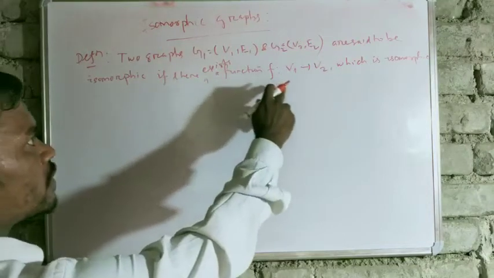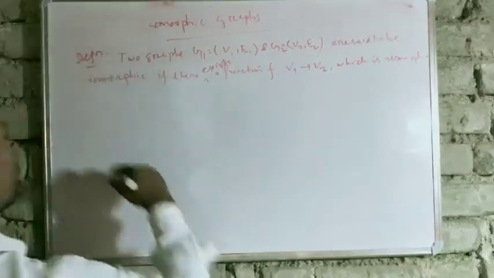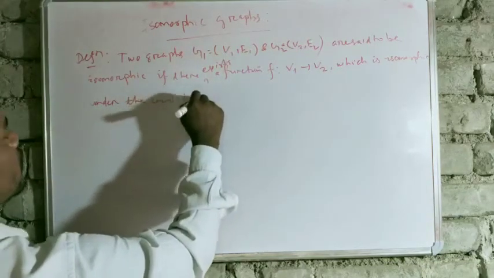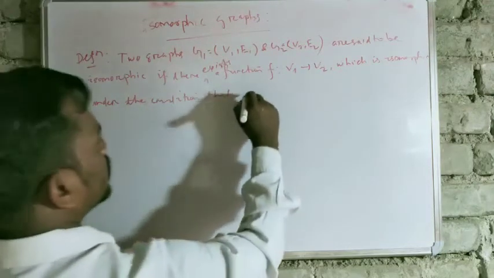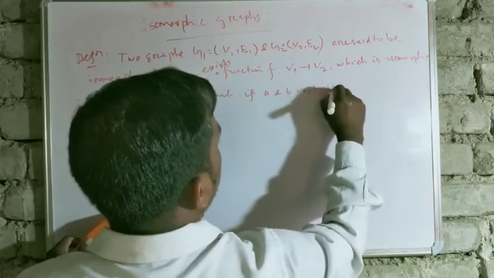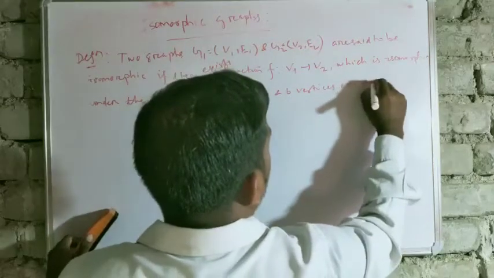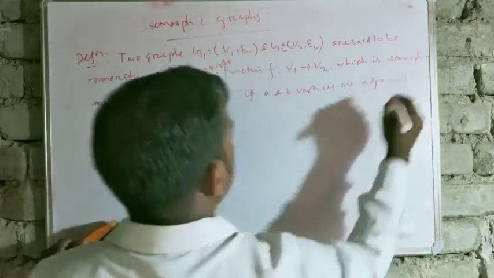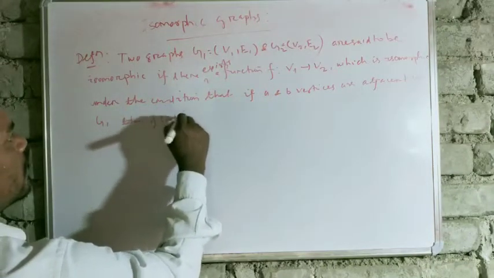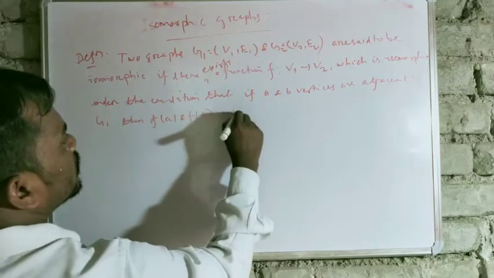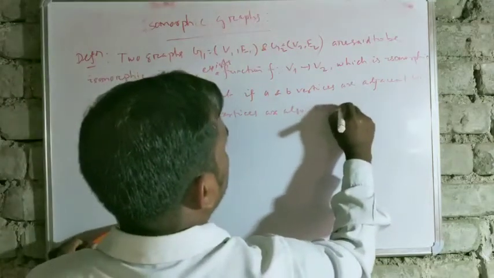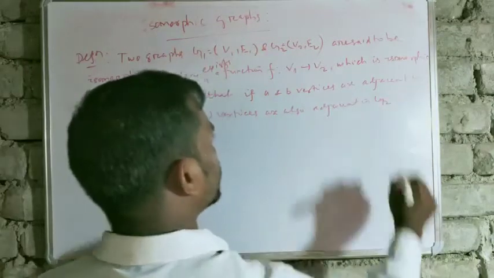There exists a function f from V1 to V2 which is isomorphic under the condition that if A and B vertices are adjacent in G1, then f of A and f of B vertices are also adjacent in G2.